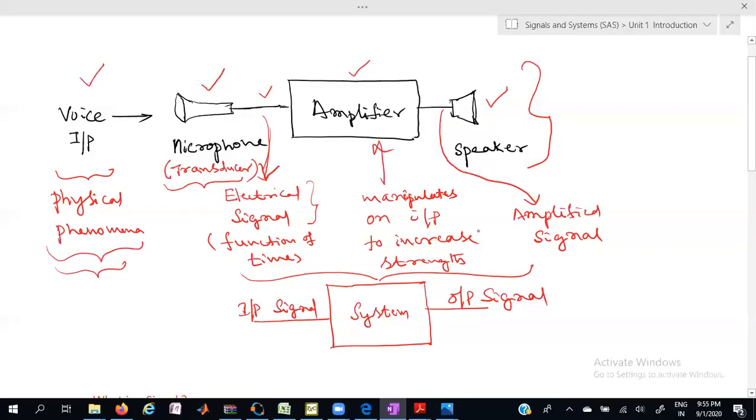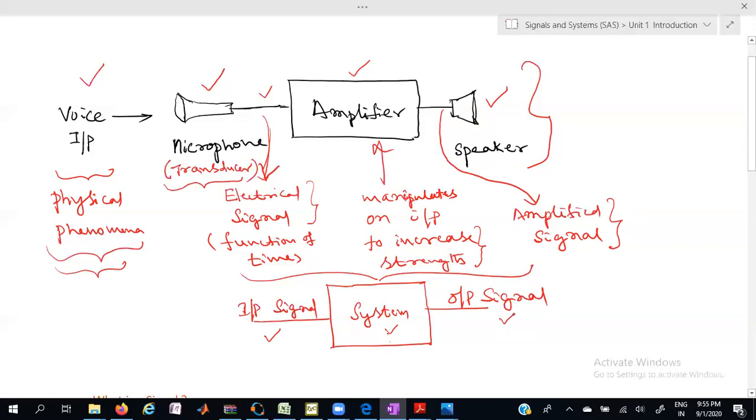So this is a function that it performs, and it yields an amplified signal. Now we can represent this entire setup by using a block diagram where I have the input signal which is being manipulated by a system to yield an output signal.